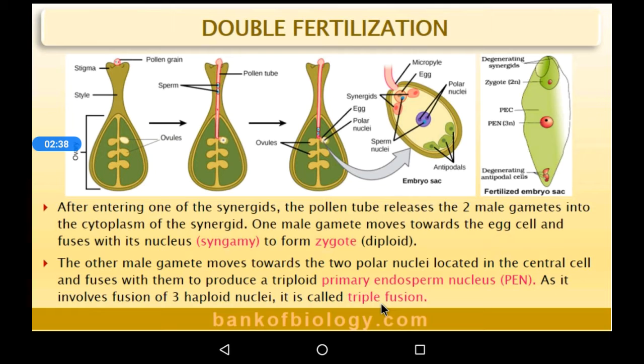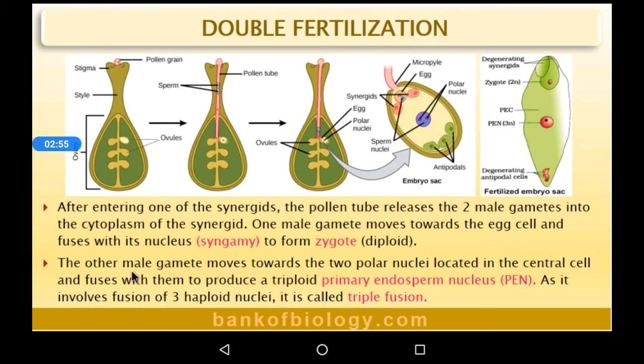I hope it is clear. Two male gametes come to the ovule through the pollen tube; one goes and fuses with the egg cell, and one fuses with the central cell which has two polar nuclei.